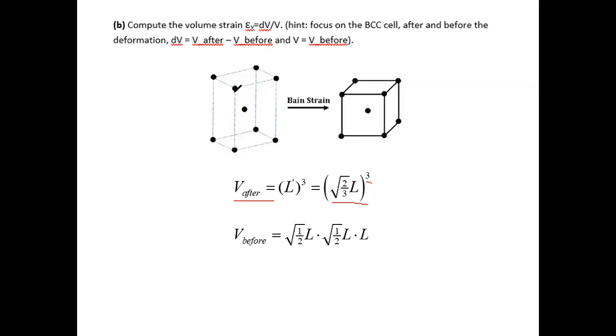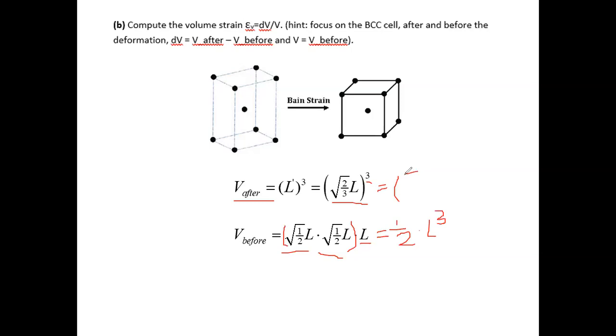Well, the volume before is this guy, right? This is the cuboid, and we know that the basal plane is a square, so we have this edge length of the square. You multiply those two together, and you get the area for the basal plane, and then you times the height, which is L, right? So basically, what we have here is 1/2 L cubed.